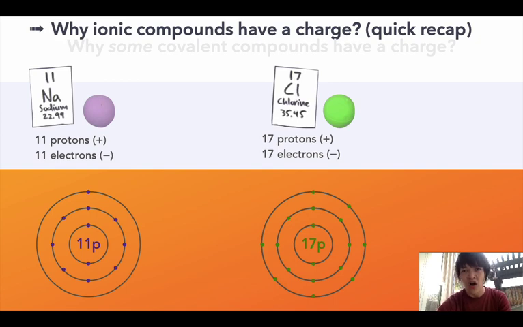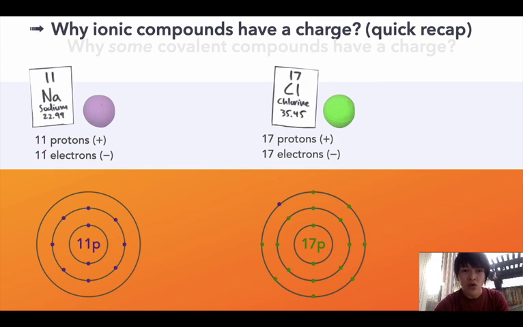Now here's the thing. All elements want to have stable valence electrons. In other words, they want to satisfy the octet rule. So when a neutral sodium atom and a neutral chlorine atom are close together, this happens. The sodium gives away one electron to the chlorine. Now they both have stable valence shells. They have 8 electrons on the outermost energy level. And here's the thing.